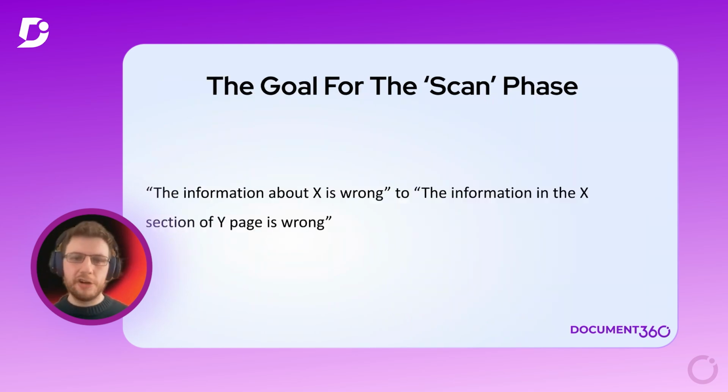And once again, it all comes back to the goals, except this time the goal is slightly different. The goal of the scan phase is to go from "the information about X is wrong" to "the information in the X section of Y page is wrong." What do I mean by that? In the last phase, the goal was to get users to tell you that certain pages were wrong. The goal for this phase is to tell you certain sections were wrong.